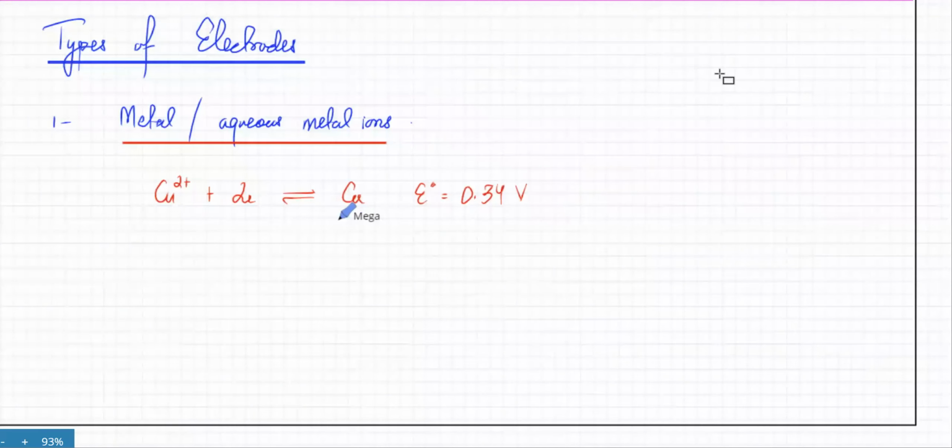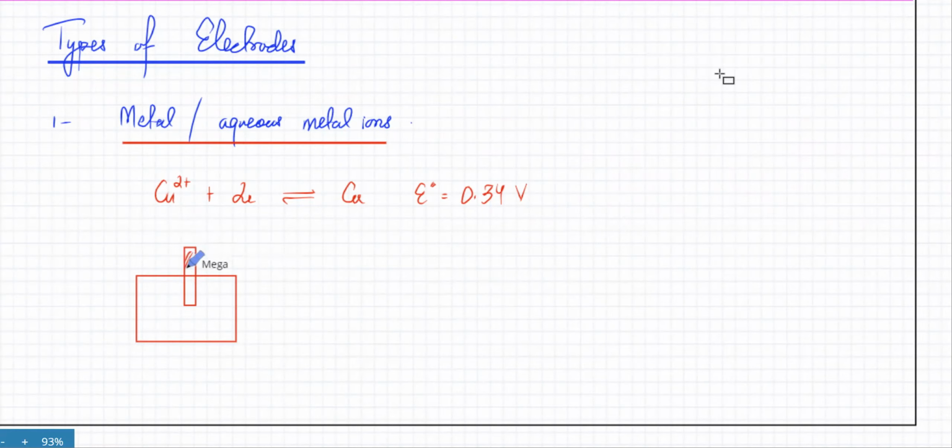So in a metal and aqueous metal ion electrode, always remember the metal is the electrode. So the metallic rod would be made out of copper. That would be the electrode. And the solution would contain copper 2 plus aqueous ions.